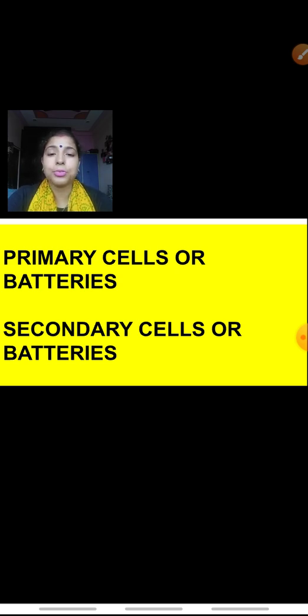So, I hope you have understood the difference between the two. Primary is that which cannot be recharged, only electrochemical cell reaction takes place, and secondary are those which can be recharged, that means electrochemical as well as electrolytic. It behaves as both. When discharged, then electrochemical. When charging, then electrolytic cell.